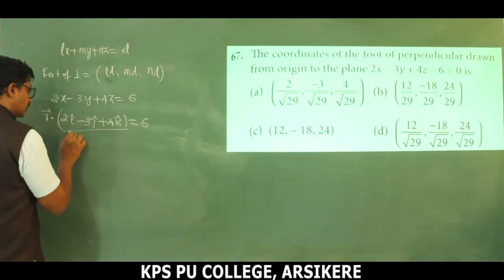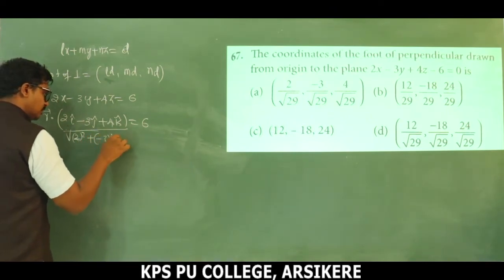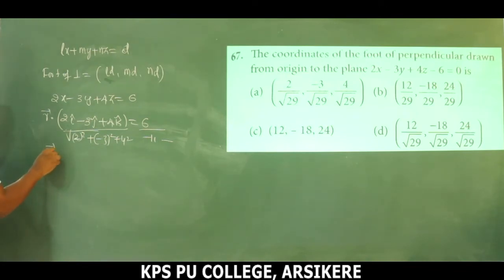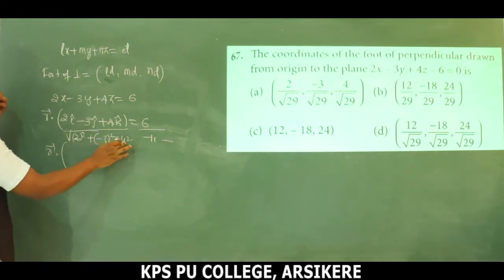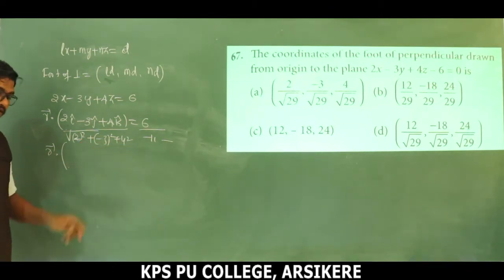This becomes square root of 2 square plus minus 3 whole square plus 4 square. Similarly, follow the same thing for this one. Vector r dot 2i minus 3j plus 4k. So here we have 2 square plus 3 square plus 4 square, that is 4 plus 9 plus 16, which is 29, root 29.